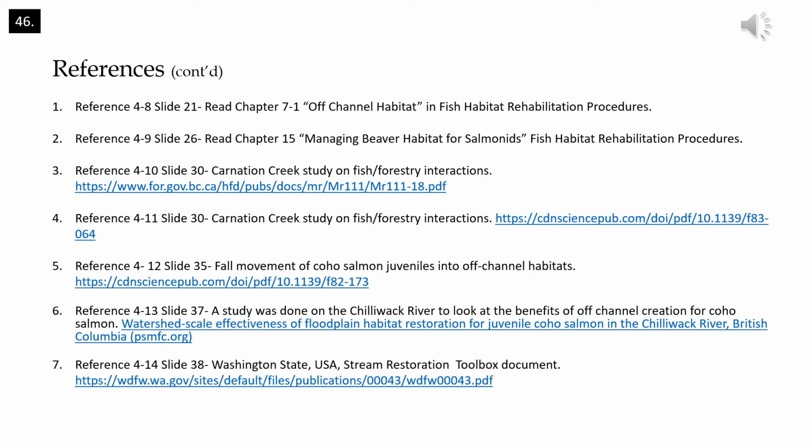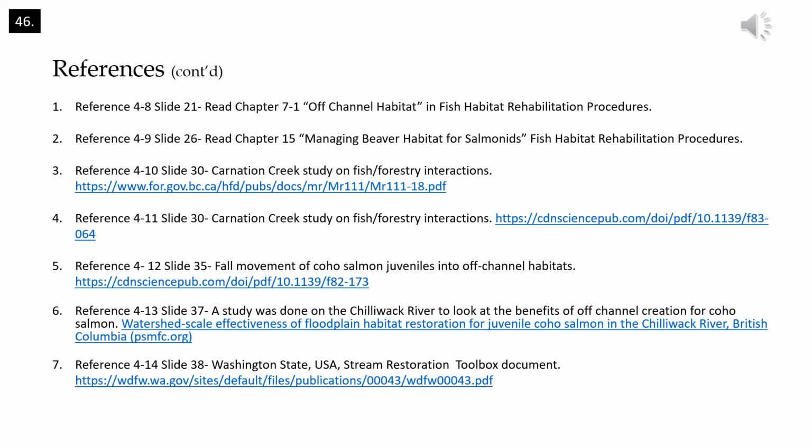Reference 10, a Carnation Creek study on fish forestry interactions. Reference 11, Carnation Creek study on fish forestry interactions. Reference 12, the fall movement of coho salmon juveniles into off-channel habitats.